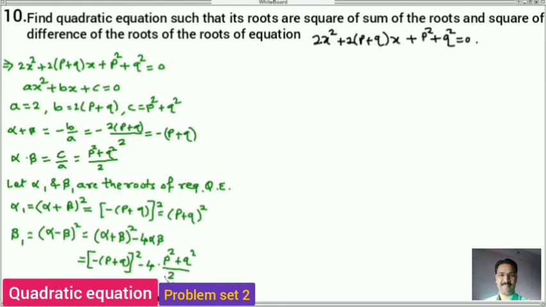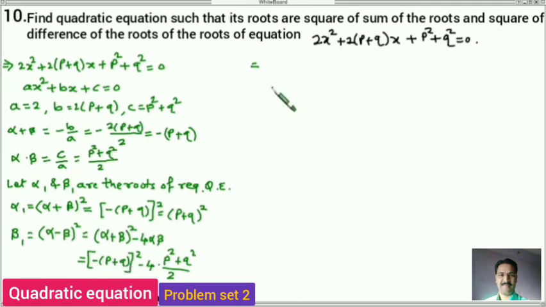Okay friends, now look here, the very important part, just try to make the simplification. After that we'll write here. In the next step, what will we get? Square of this minus is nothing but plus, so it is P plus Q bracket square.